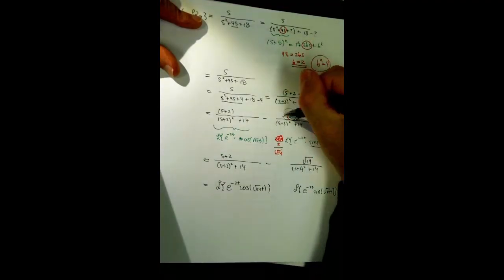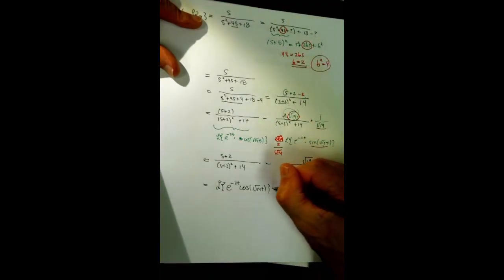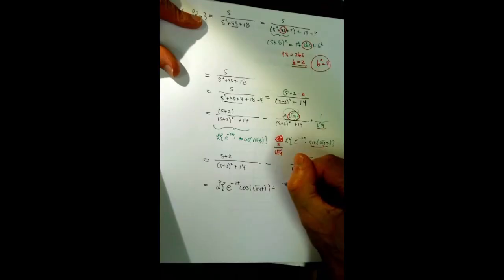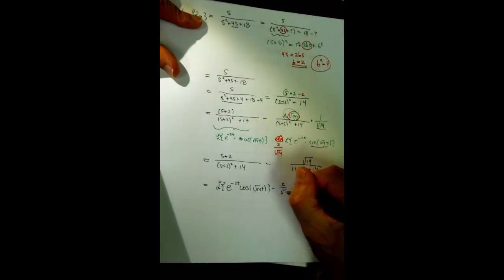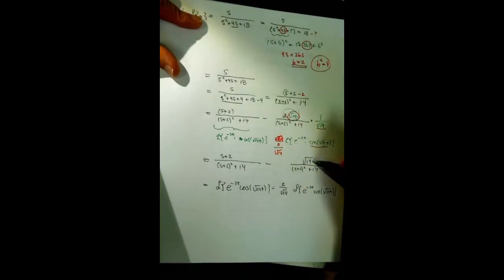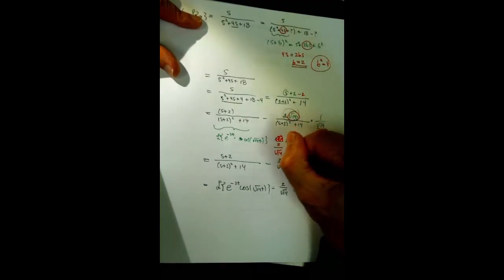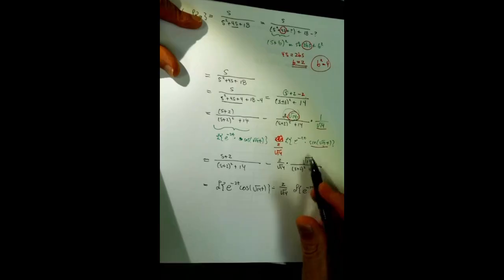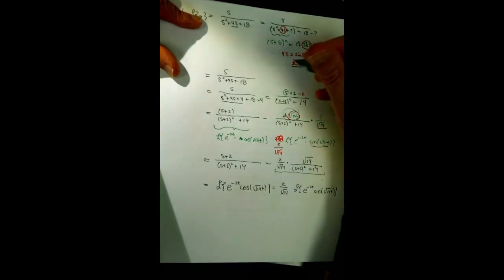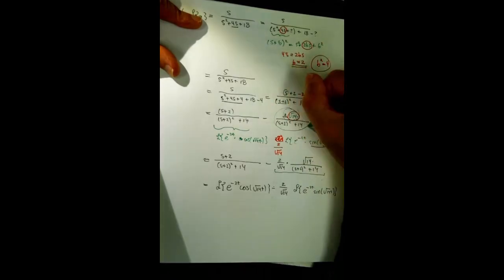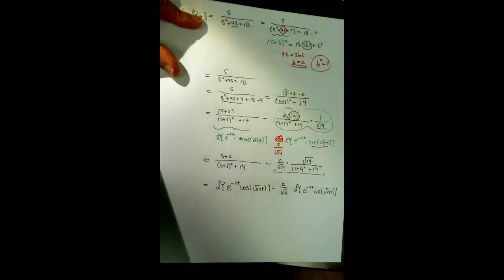Right, but I didn't have that. I had the 2, so I got to be careful. This is a minus. So I bring the 2 out, and I have the square root of 14 here because I need that. So this expression right here is equivalent to this whole expression there.